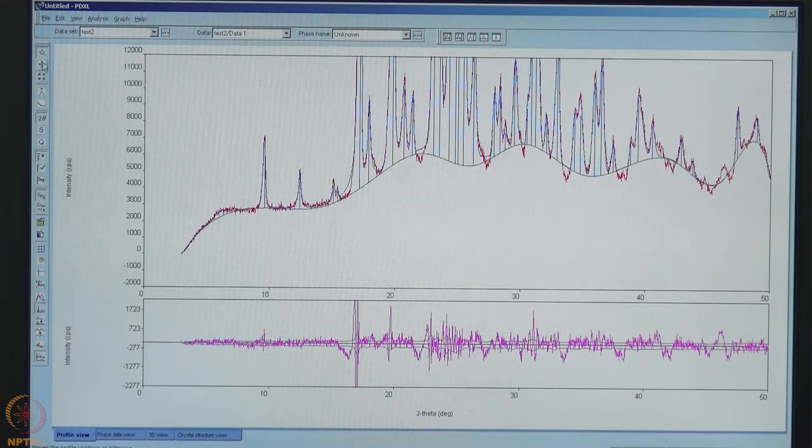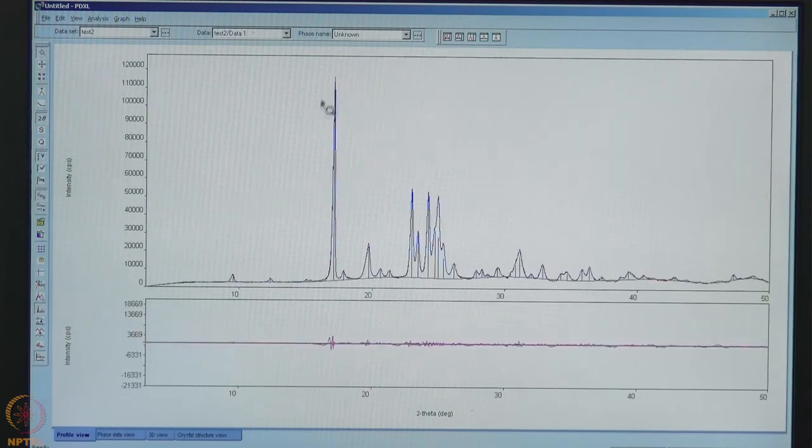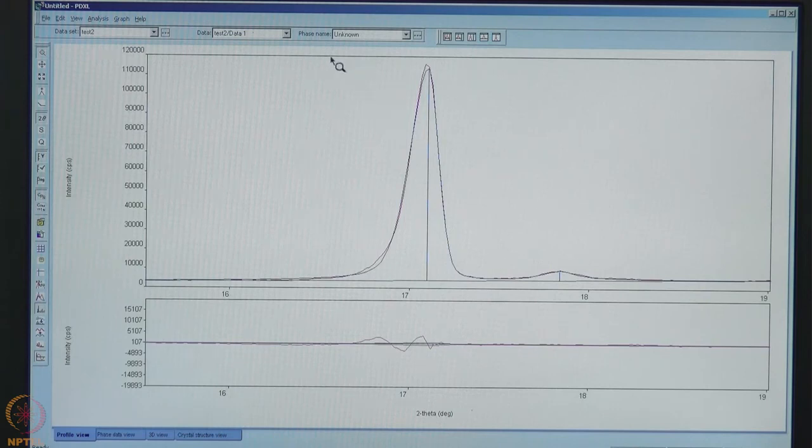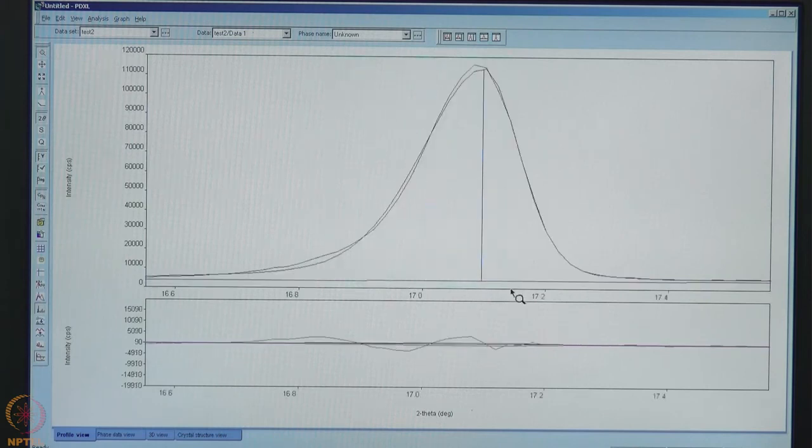What we can see here is that, of course, we have sharp peaks. If we expand this region, one can see the peaks are single. So the red ones are observed and blue ones are calculated peaks in this pattern.